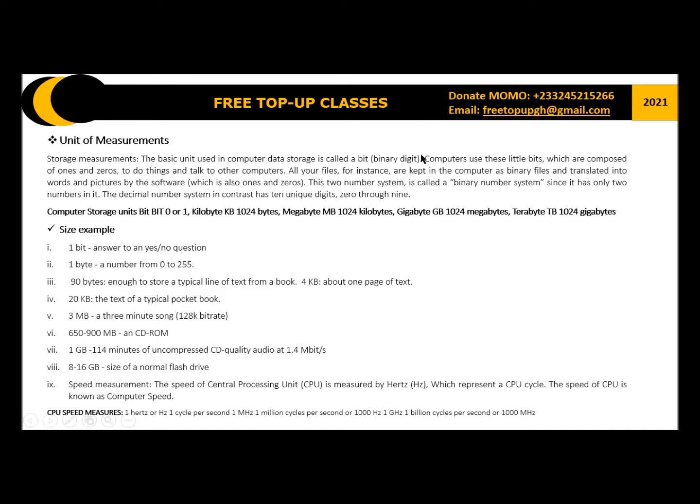Everything that we do with a PC, the storage and everything, is all in binary digits. Computers use these little bits, which are composed of ones and zeros. That's the binary digit, ones and zeros, to do things and talk to other computers.